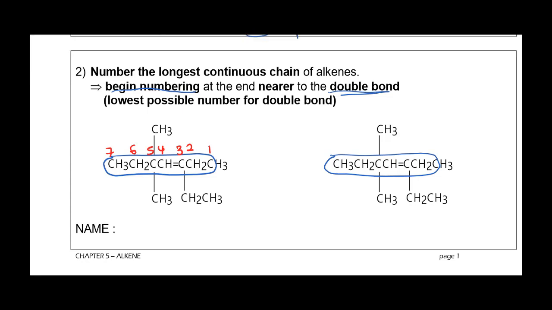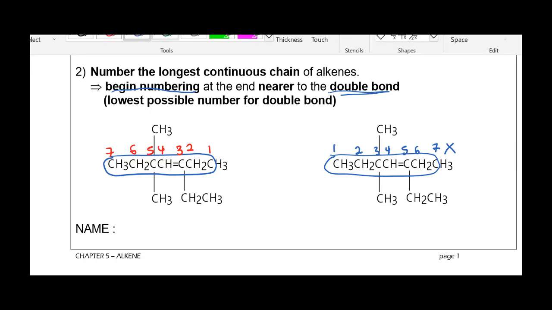If we start here, 1, 2, 3, 4, 5, 6, 7, the carbon-carbon double bond is at carbon number 4. So this one is incorrect because the carbon-carbon double bond needs to get the lower number. And then the rest will be the same.